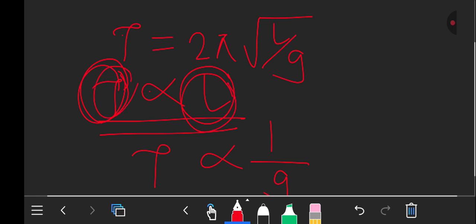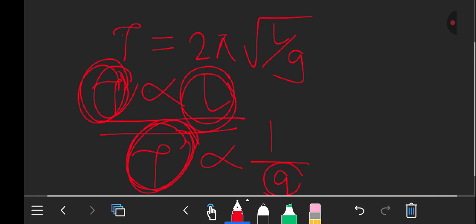But with gravity, if gravity increases, for example, you move from the moon to earth, where the gravity is higher, which is 9.81 meters per square second, the period will decrease, because when gravity increases, the period of the pendulum decreases.